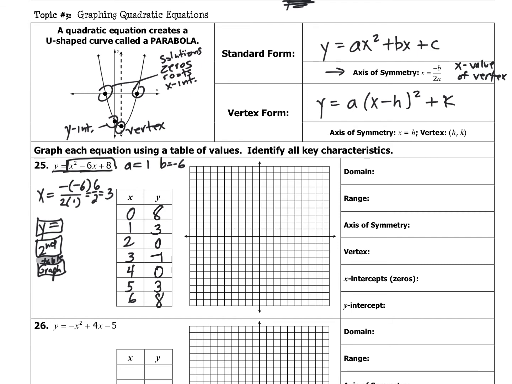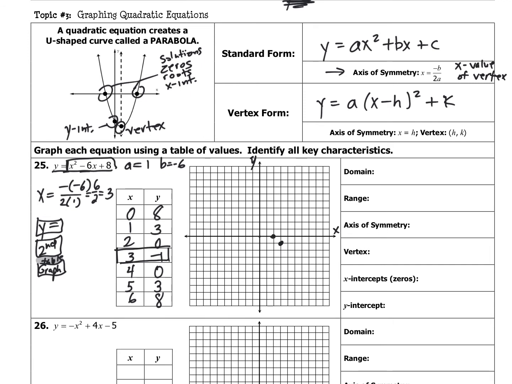All right, so we can start to put this on the graph. The vertex is at 3, so let's go ahead and label our axes. That's the y, that's the x. Start at the origin. I go right 3, down 1. There's my vertex. And I can graph the rest of the points.